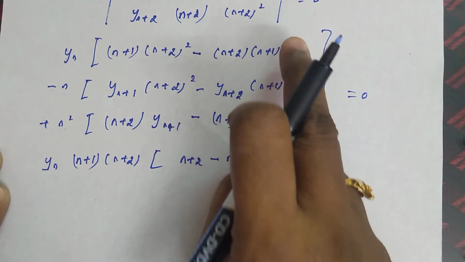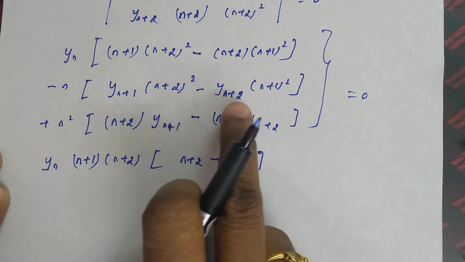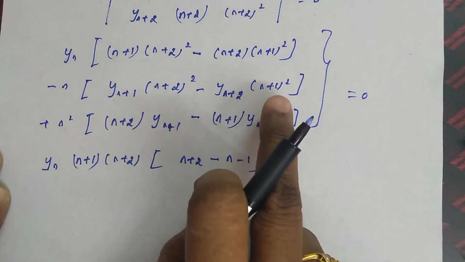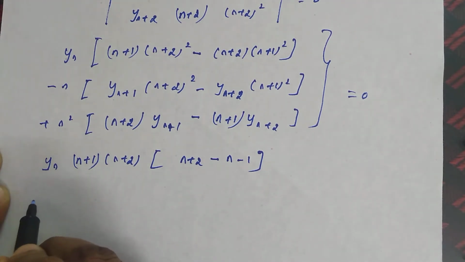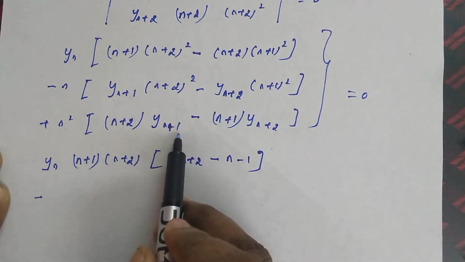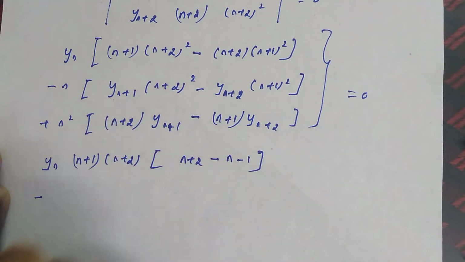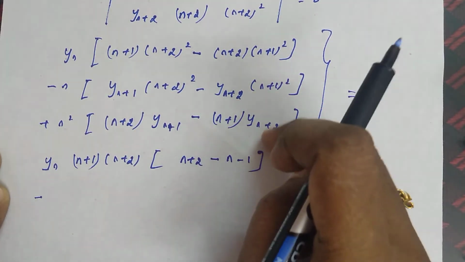Likewise, in the second term we have y(n plus 1), n plus 2, and here y(n plus 2) and n square we are having. So in the second term, minus, we are going to arrange the n plus 1 term and the n plus 2 term.